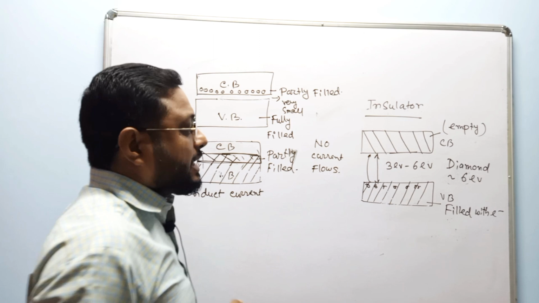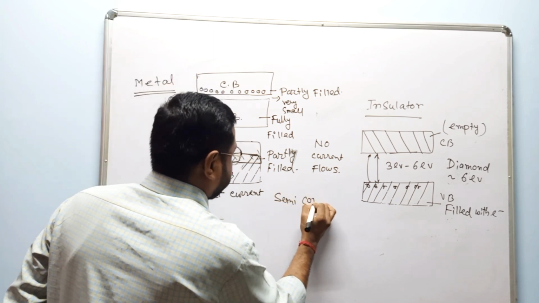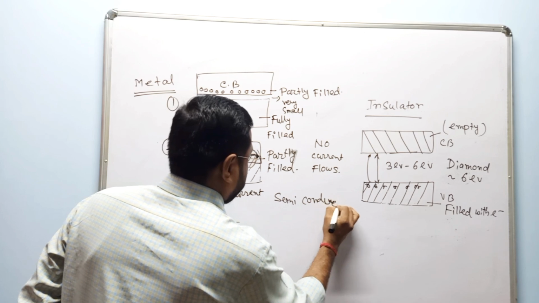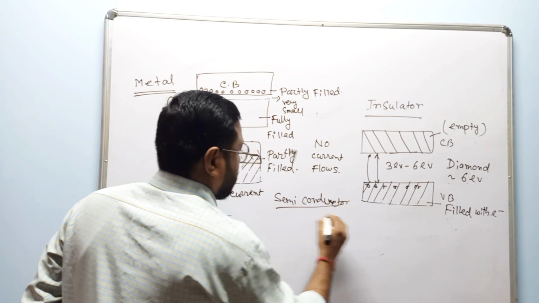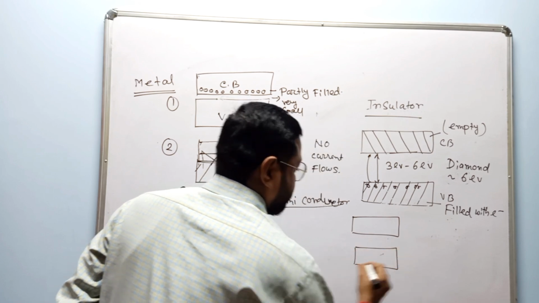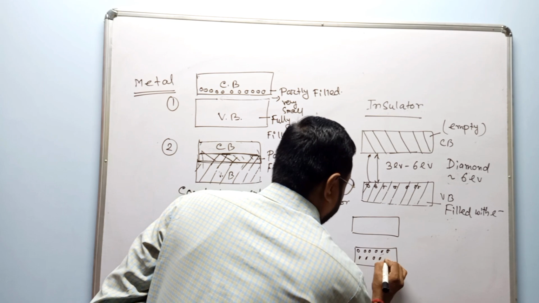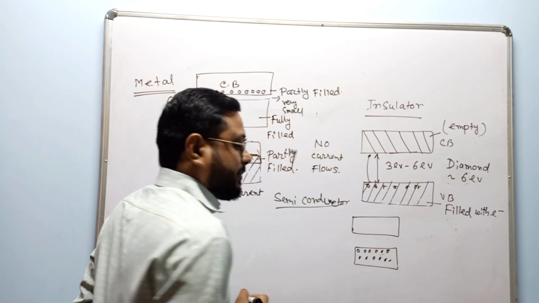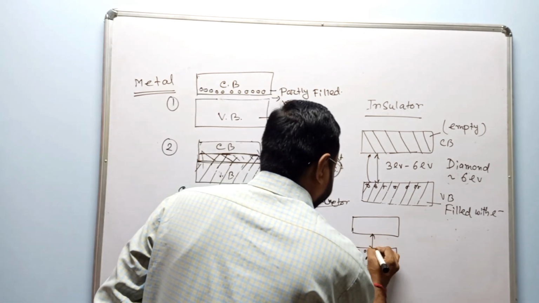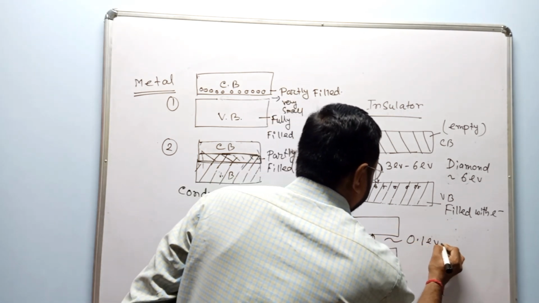In case of a semiconductor, the conduction band and valence band are separated. The valence band is fully filled and the conduction band is empty, but the band gap here is small, that is from 0.1 eV to 1 eV.